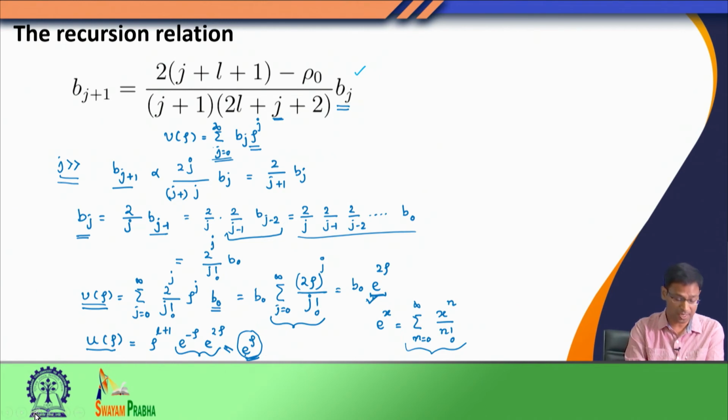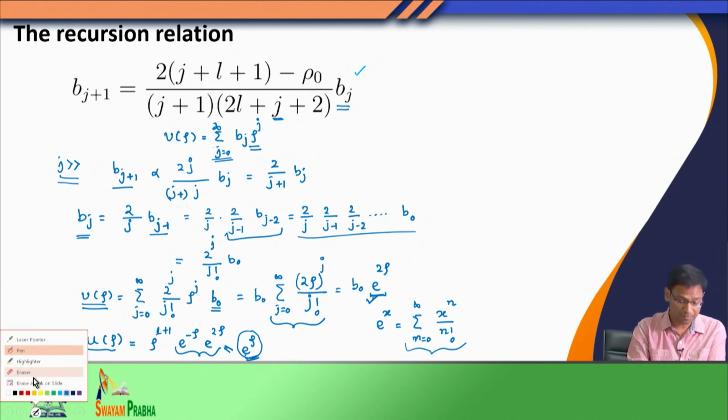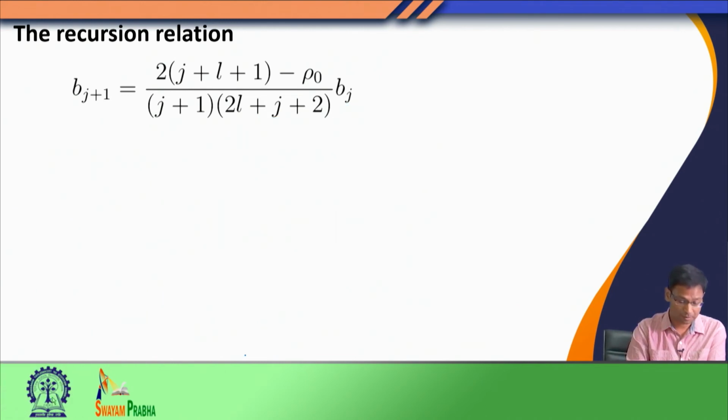What do I mean by that? It simply means that there has to be some maximum value of j, let us call it j max, for which b of j max plus 1 should become 0.